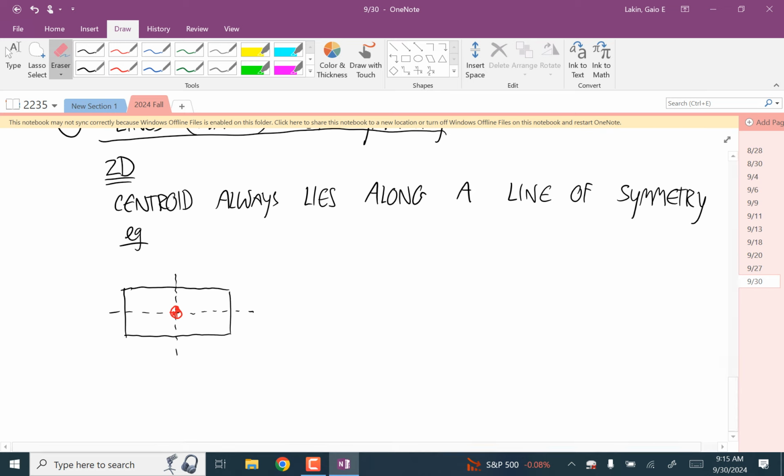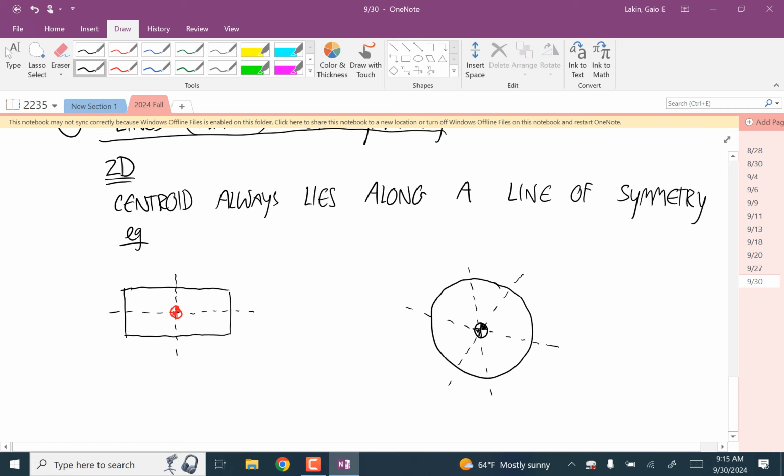Another one is a circle. So I didn't put the centroid of a circle in there, but that's because what lines of symmetry can you find? One there, one there, one there, and they all intersect at the same spot. And that's just the middle of the circle, and that's the centroid.